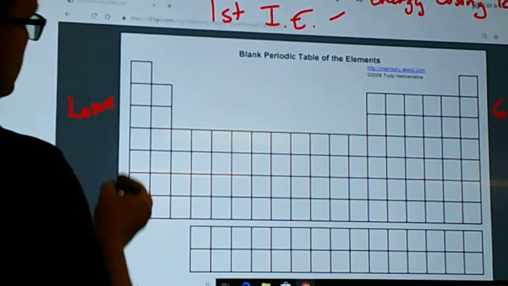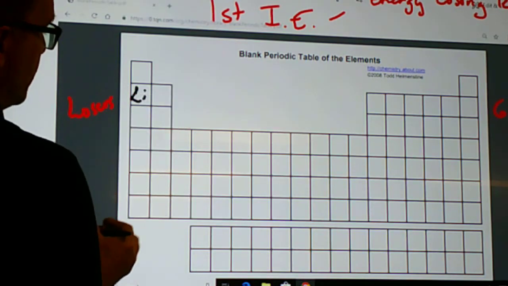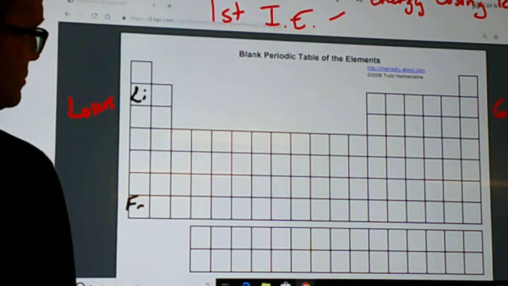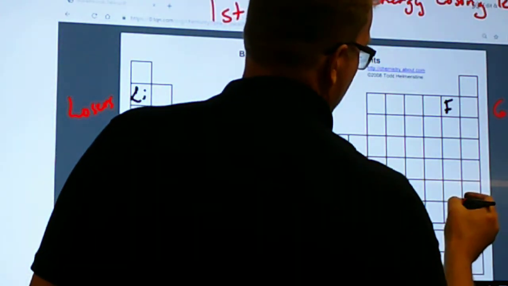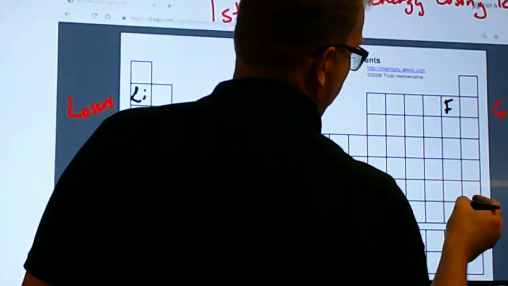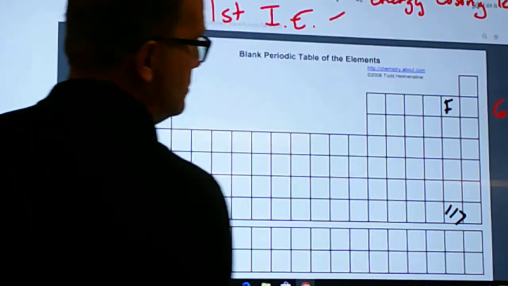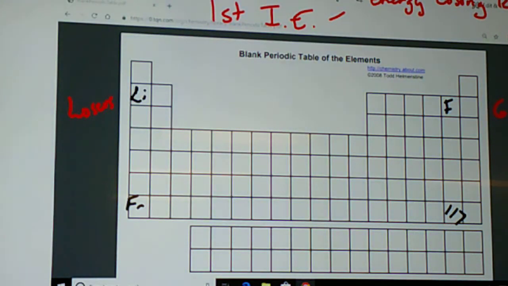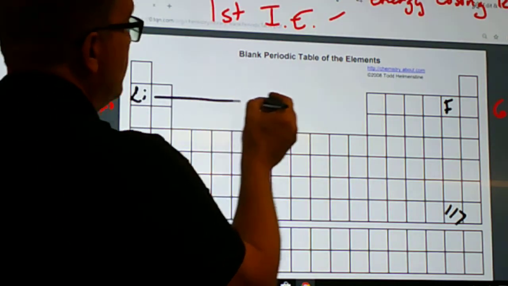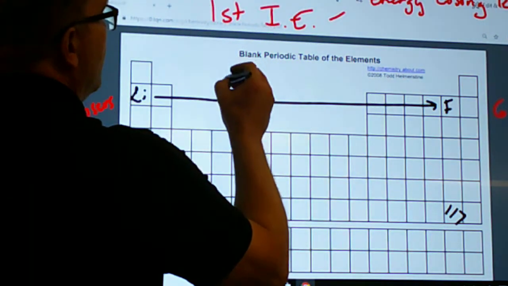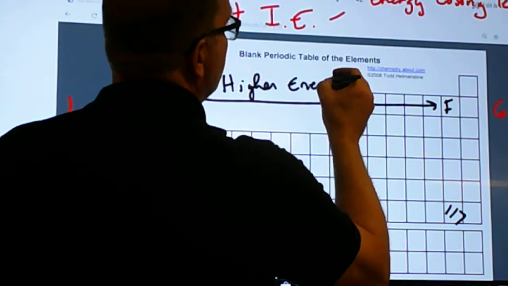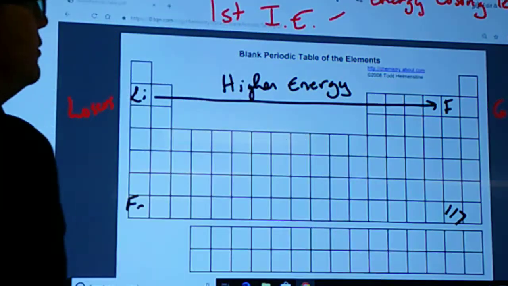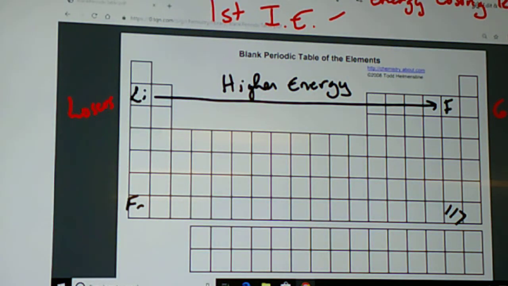Okay, so again, we look at elements here. This is chlorine, and this one is element 117. Really doesn't matter what it is. Now, if we're doing our trend, lose to gain, high energy. So which one has the highest ionization energy?